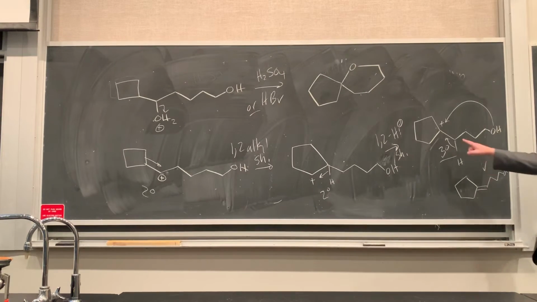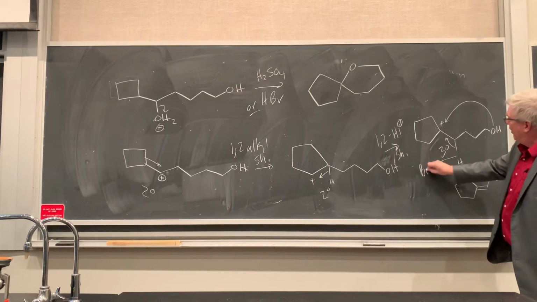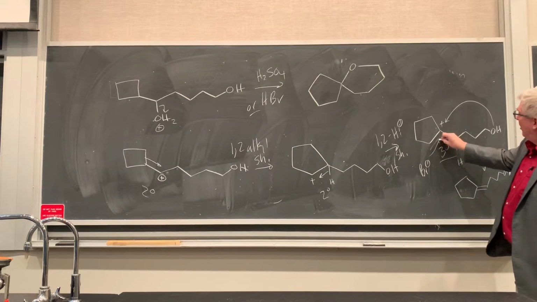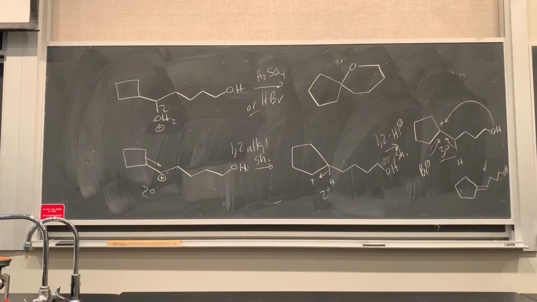The other one is if bromide, which is in there if you're using HBr, could attack there, and that would give you this bromide product. So it would be a minor amount. Bromide's not a very good nucleophile. A better nucleophile is actually oxygen here, a more stable carbon-oxygen bond.